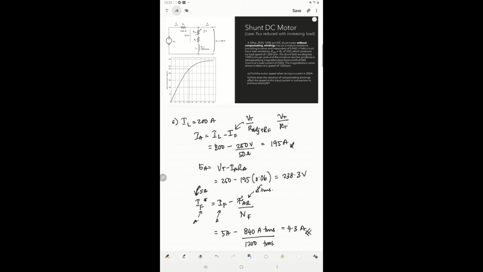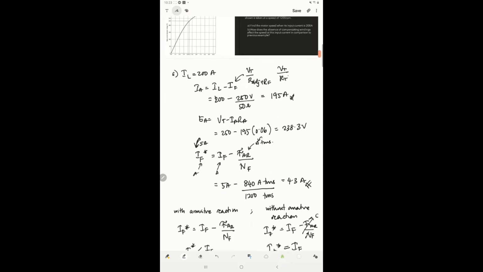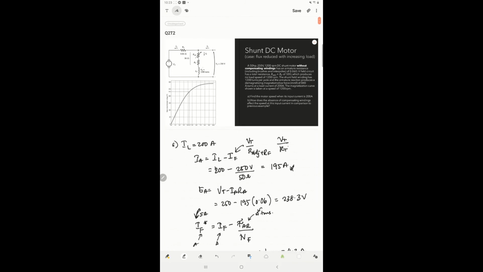So basically, if the effective field current is 5 ampere, the voltage that we have is 250 volts.